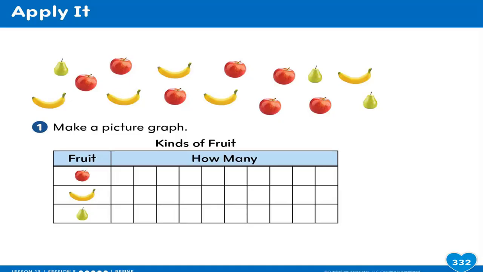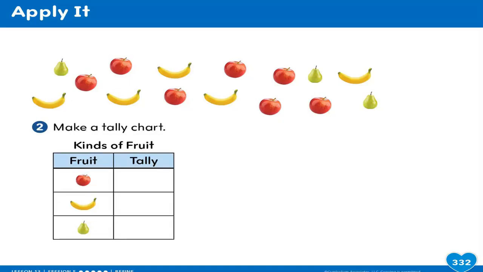And then this would be the you do part. So at this time, I might break up friends into breakout rooms. One of the breakout rooms might be just work on your workbook pages. So for instance, this is from our workbook where they would have to make the picture graph, fill in how many of each, then make the tally graph.